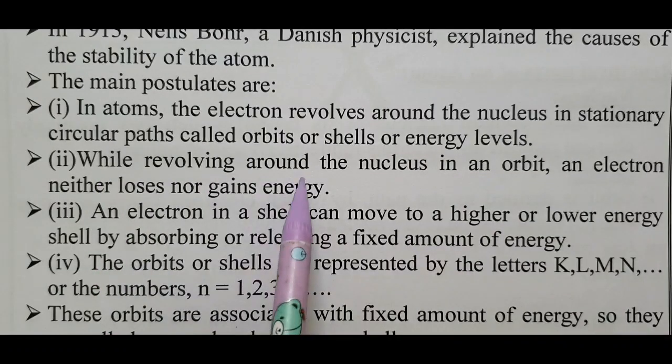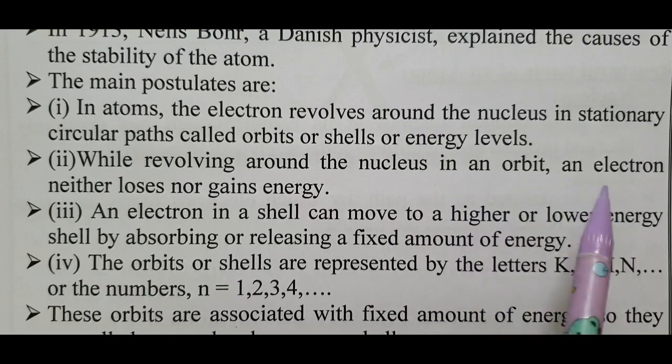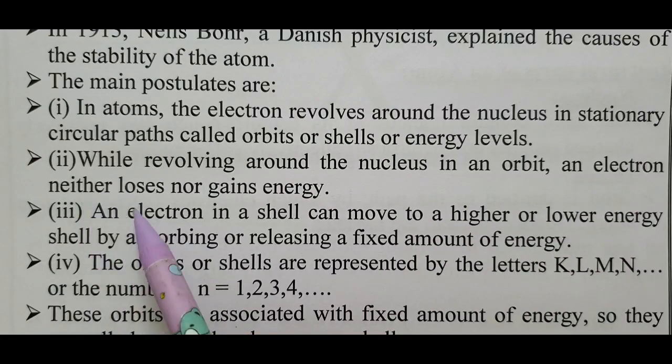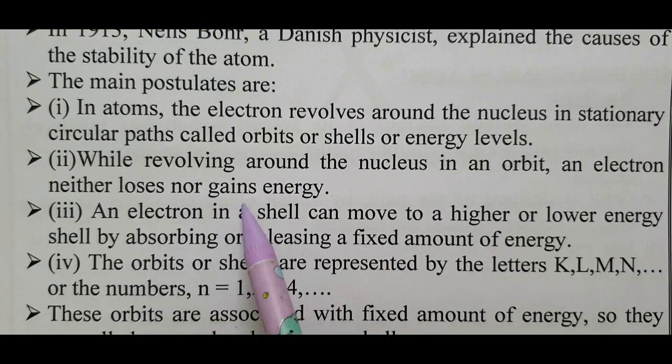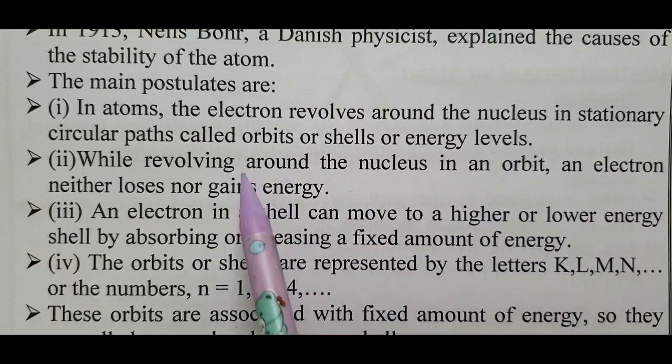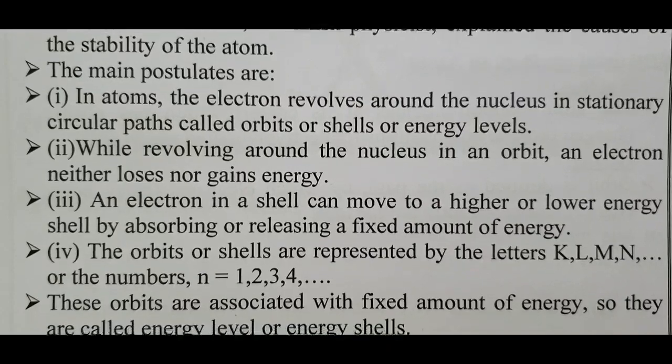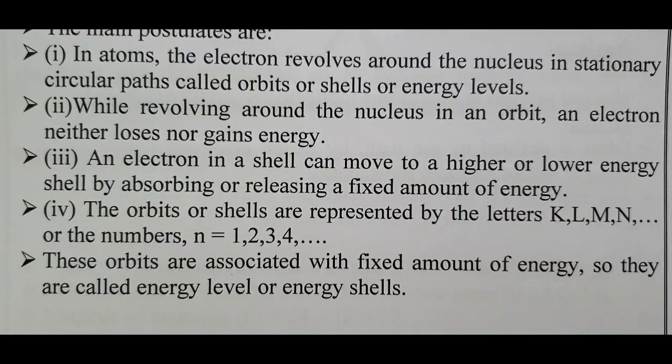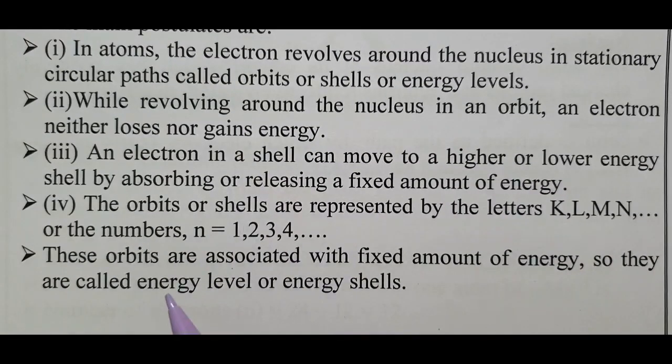While revolving around the nucleus in an orbit, an electron neither loses nor gains energy.